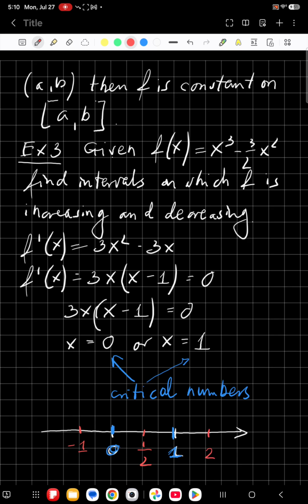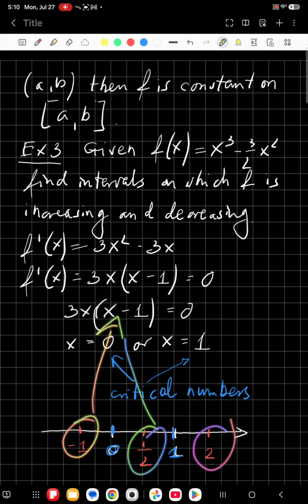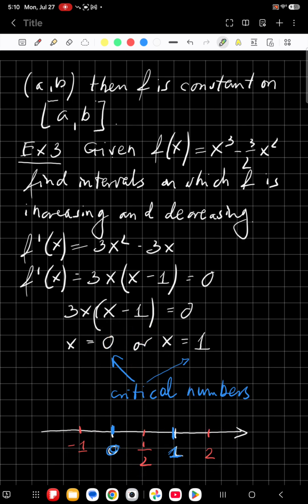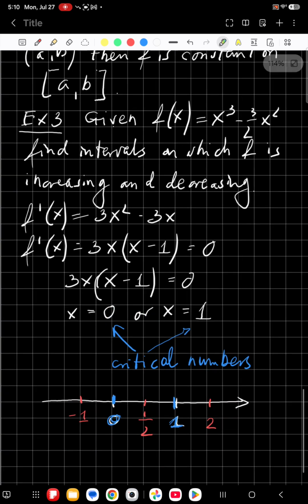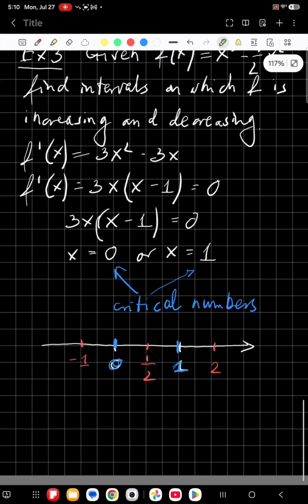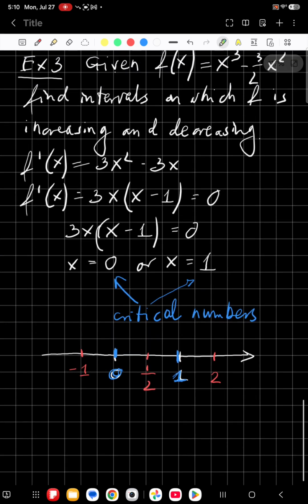And what I'll do, I'll take those 3 testing numbers, 1, 2, 3, and I'll plug them into the first derivative to figure out whether that function is positive in that particular interval or negative.